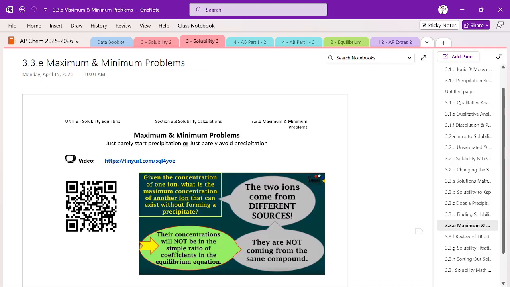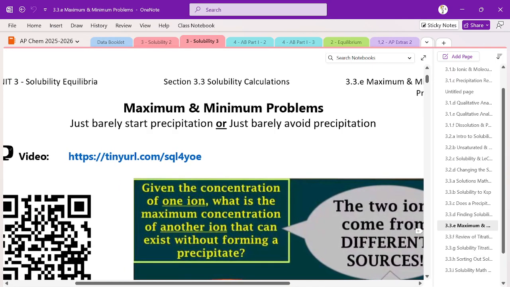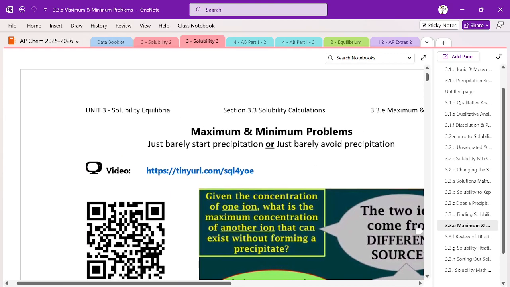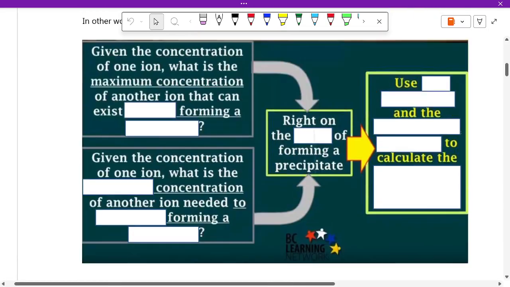So this is a situation where we're adding one solution to another. And this is on page 69.